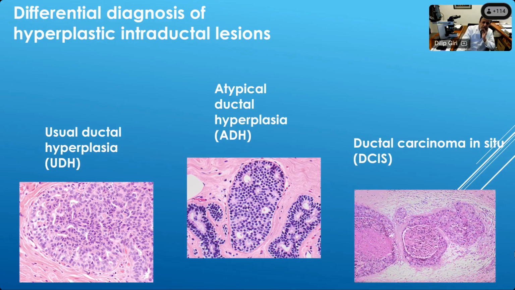But anyway, at the extreme end of this intraductal proliferation, of course, is DCIS. And this slide that we see here actually is a high-grade DCIS with a lot of necrosis. So again, DCIS may be low-grade, intermediate grade, and high-grade.